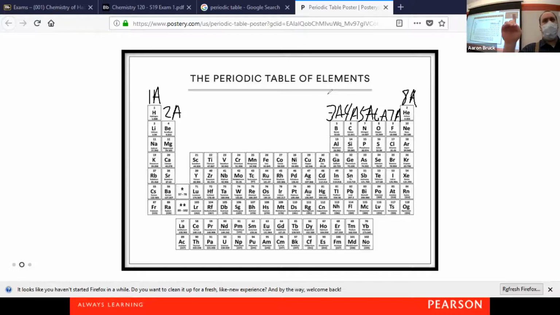So group 1A with its 1 valence electron, it's going to make a +1. So all of your alkali metals will make +1 ions. All of your alkaline earth metals, group 2A, will make +2 ions. All of your boron group will make +3 ions.